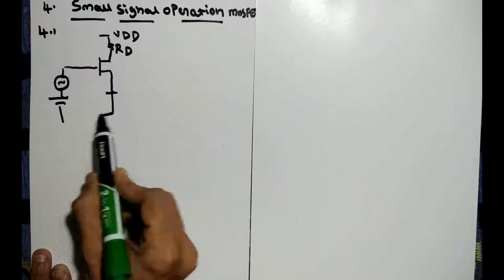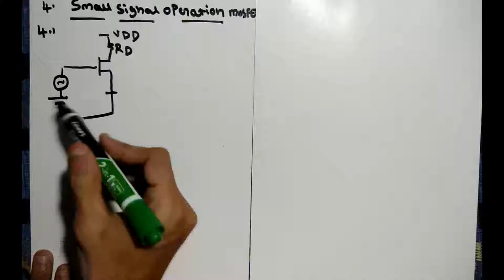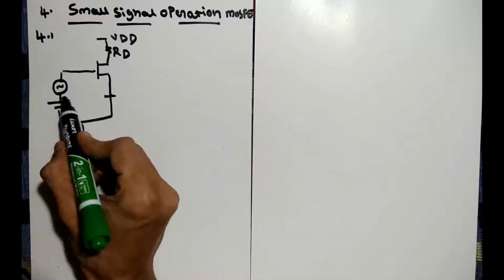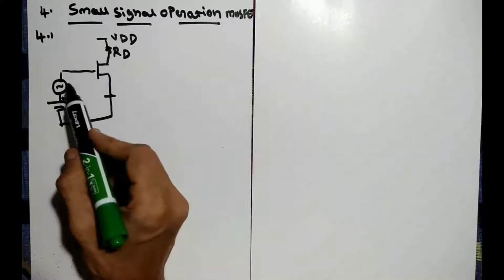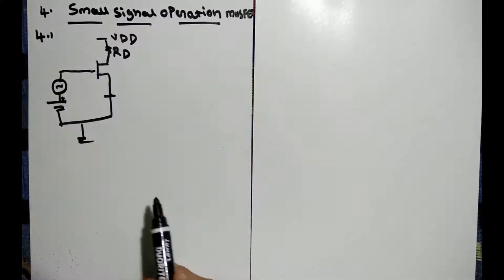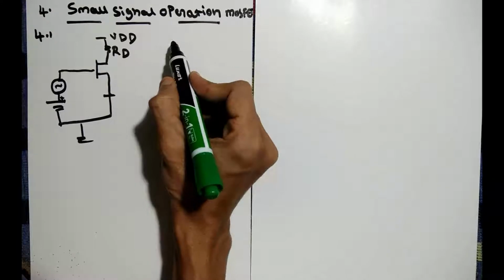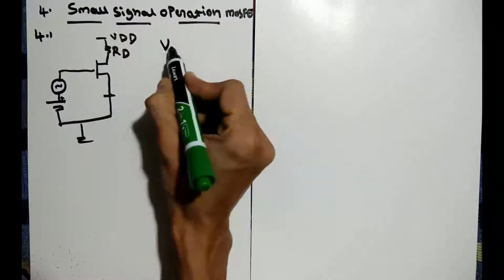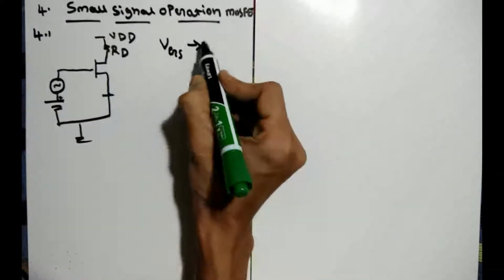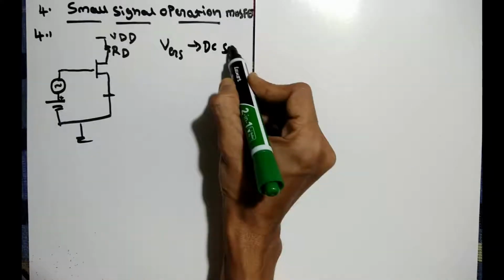When we talk about both signals, there are two possibilities here. The DC signal we can call VGS, and the AC signal also VGS. So how do we define this? As previously discussed, if everything is capital, VGS, it is known as a DC source.